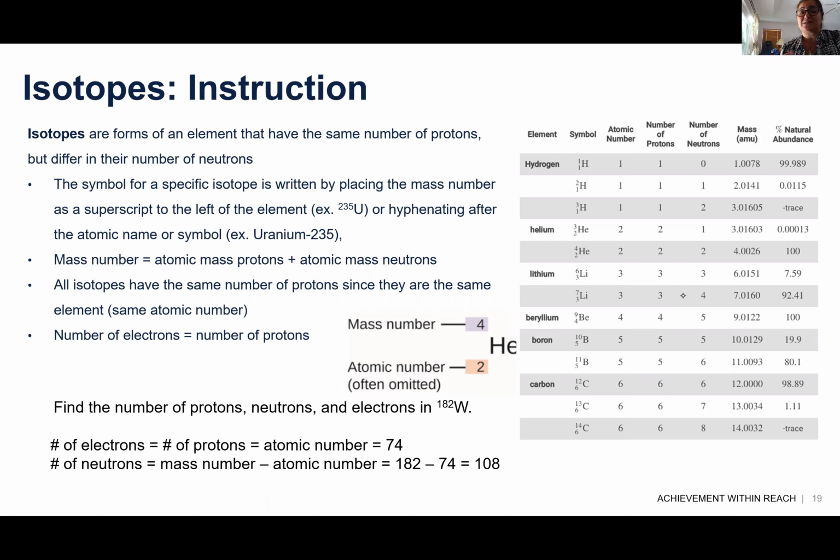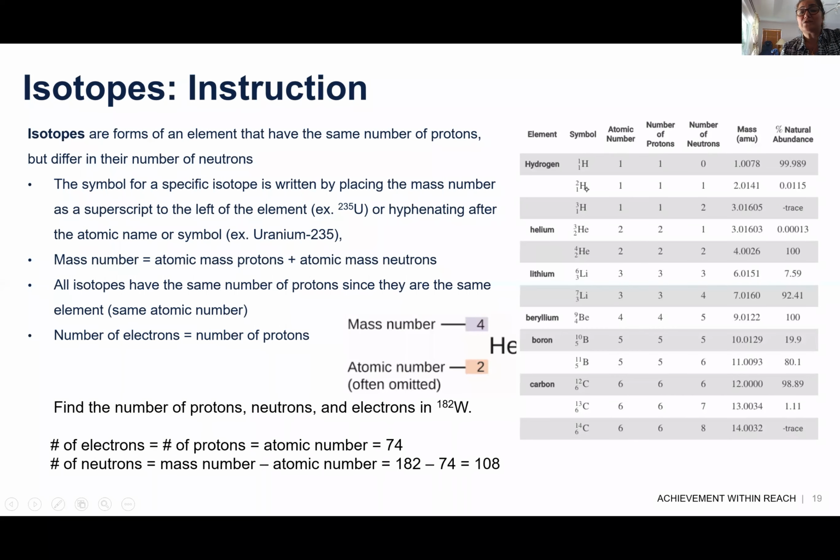If the element has just one isotope, you're not going to get the decimal place.